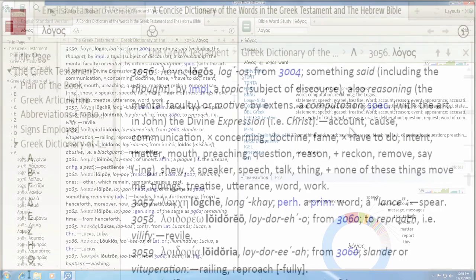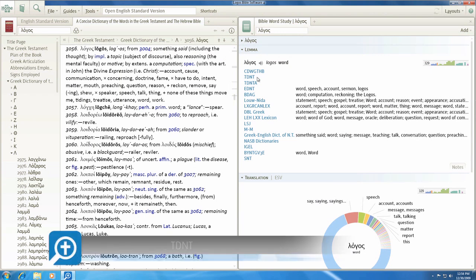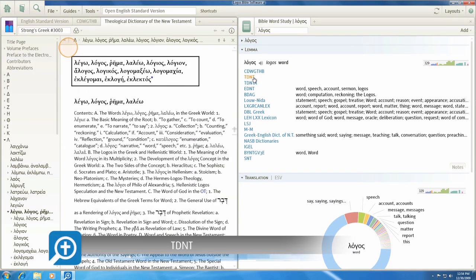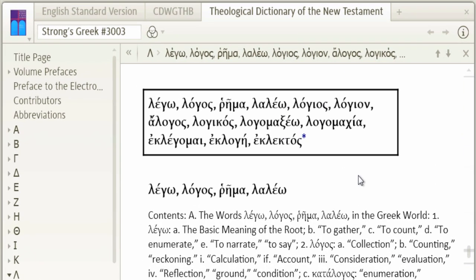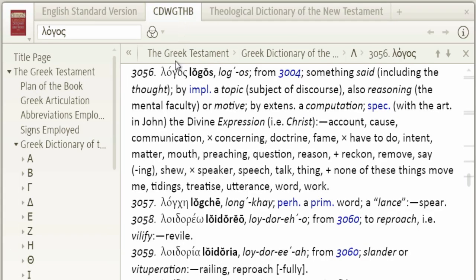Now let's check out the next resource in this list, TDNT, which stands for the Theological Dictionary of the New Testament. And right away in the article you can see a big difference between what is found here in TDNT and what we saw in the concise version of Strong's.